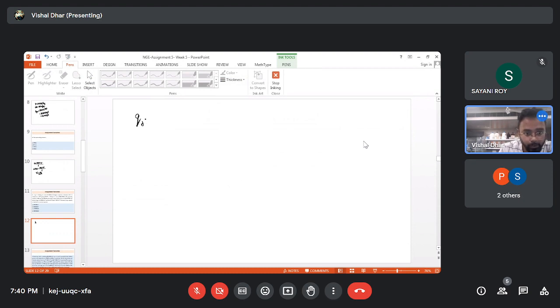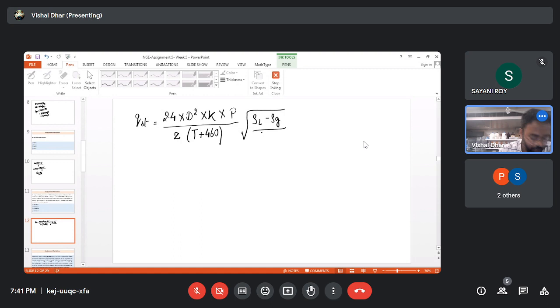Formula for that is QST equal to 2.4 into D square into K into P divided by Z into T plus 460 into density of liquid minus density of gas divided by density of gas.